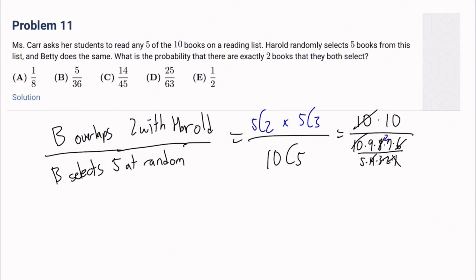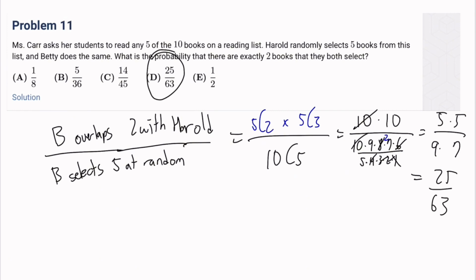And then 5 goes up to 10, right? And so this is equal to 10 times 5 over 9 times 2 times 7. And so 10 and 2, they can cancel to make 5, right? So this is equal to 25 over 63.